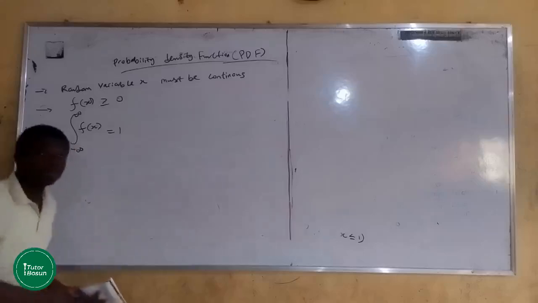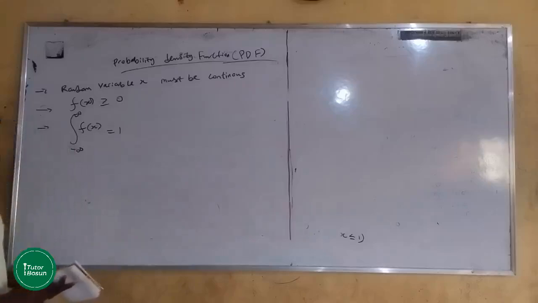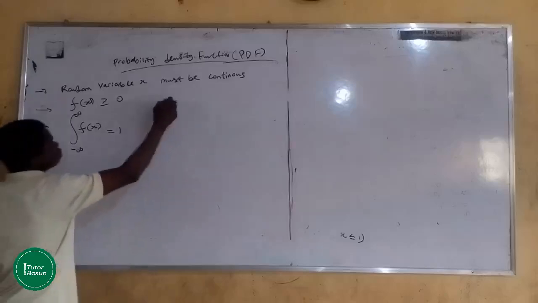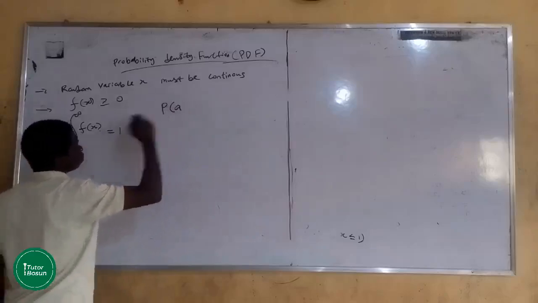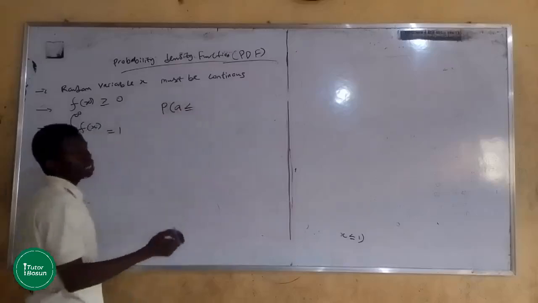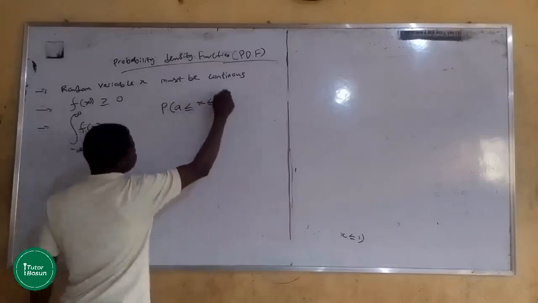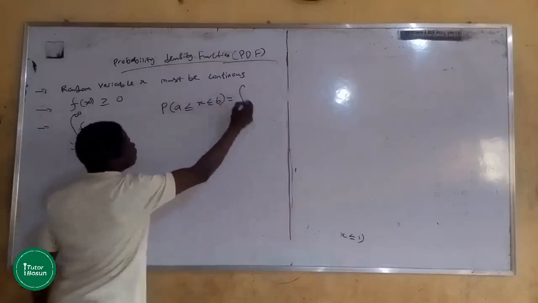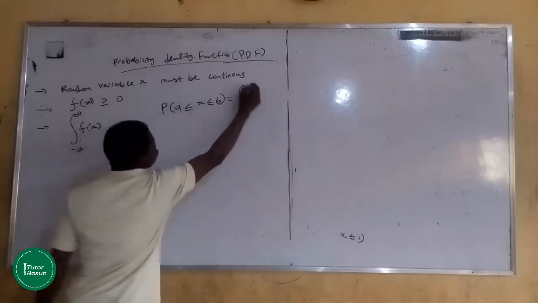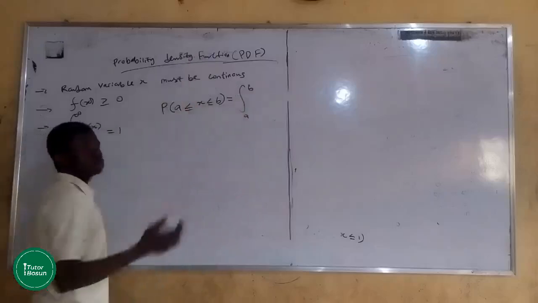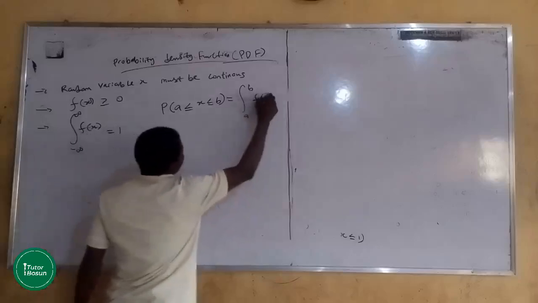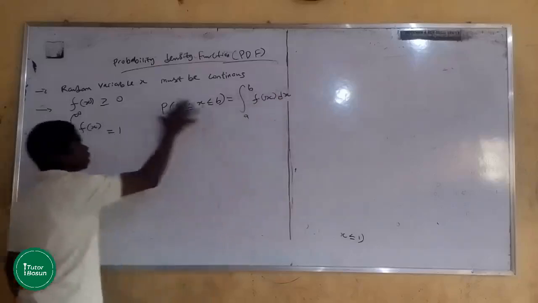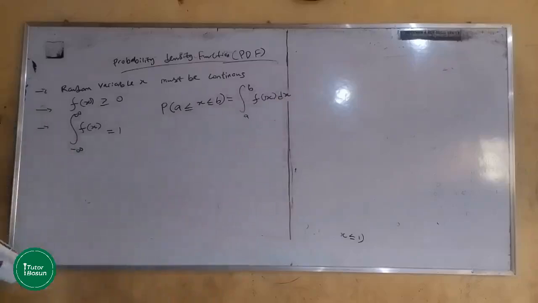So, the probability of a less than or equal to x less than or equal to b can be computed as the integral from a to b, from the lower limit to the higher limit, of f of x dx. So that's how you get your probability using the probability density function.